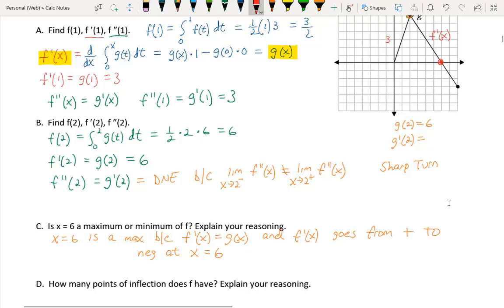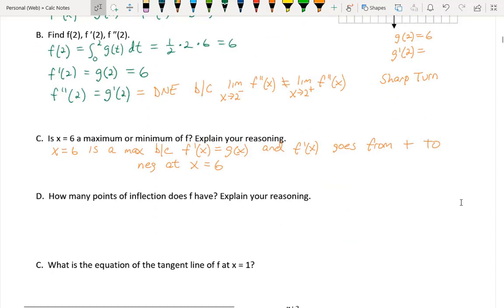Your graph up here is f prime, and if you look at x equals 2, f prime goes from increasing to decreasing, which would imply that f double prime goes from positive to negative, therefore creating a point of inflection.